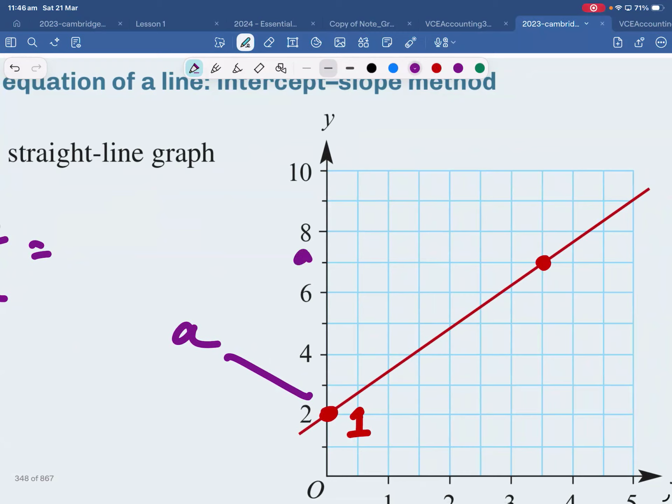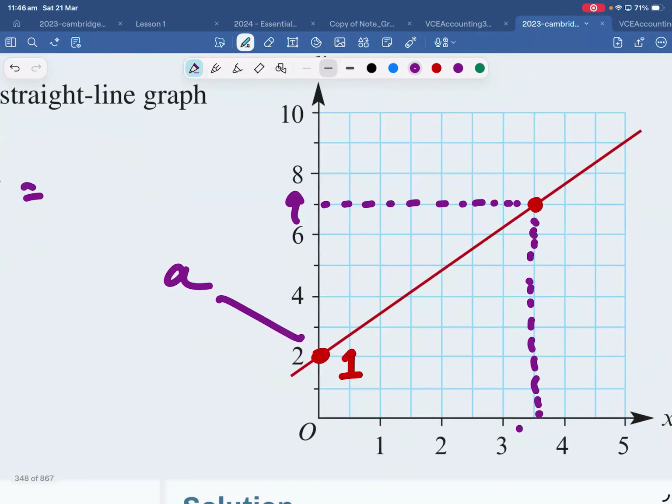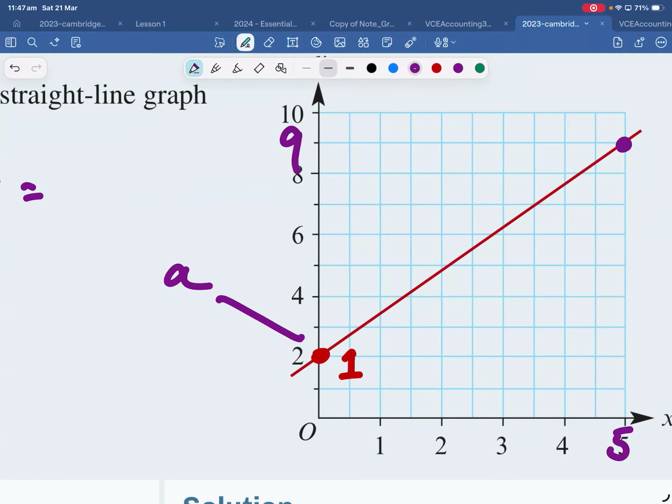This one is going to be 9. See, this is 9, and then I can take this value, which is 3.5. Otherwise, if you think it has a decimal place, we can take the other one. I would take this, which is 9 here and 5 here.